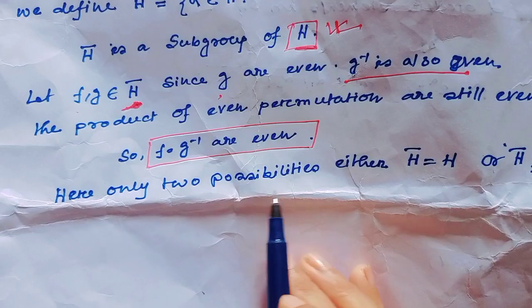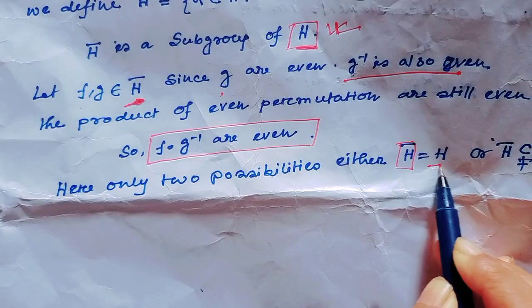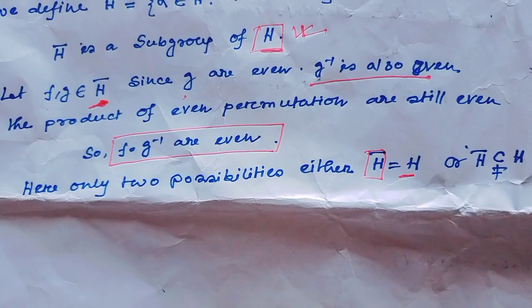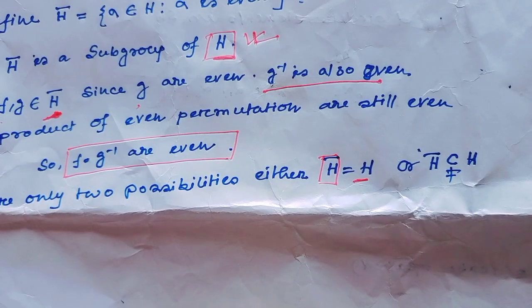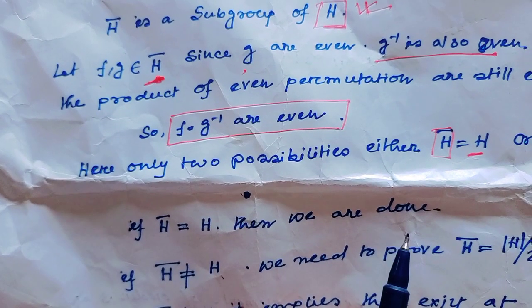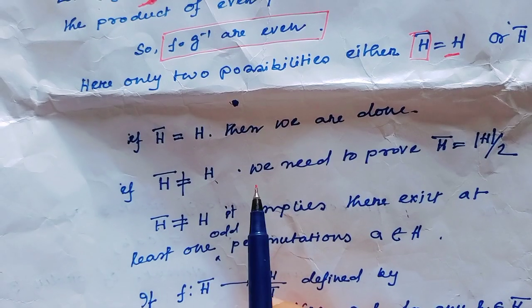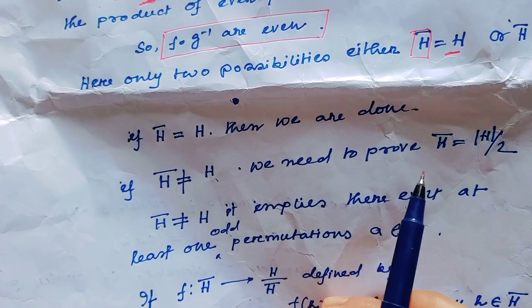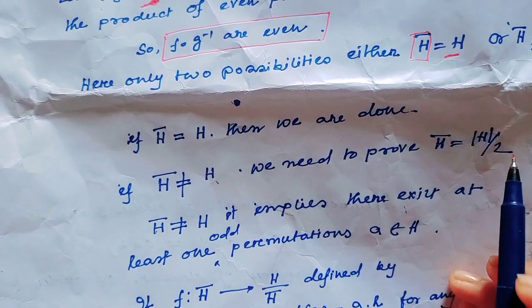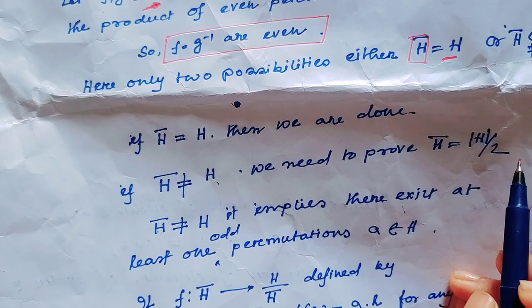Here there exist two possibilities. Either H bar equals the whole of H, or H bar is properly contained in H. If H bar equals H, then we are done. But if H bar does not equal H, then we need to prove the order of H bar equals order of H over 2.